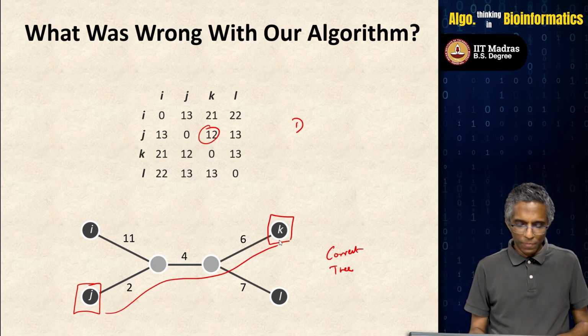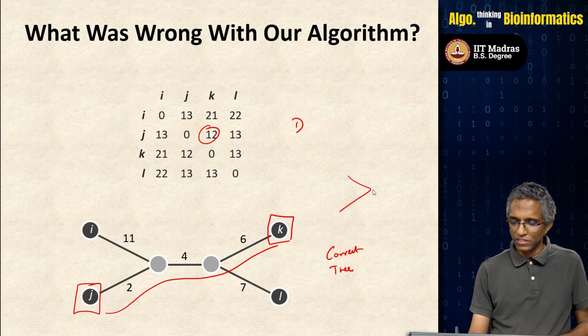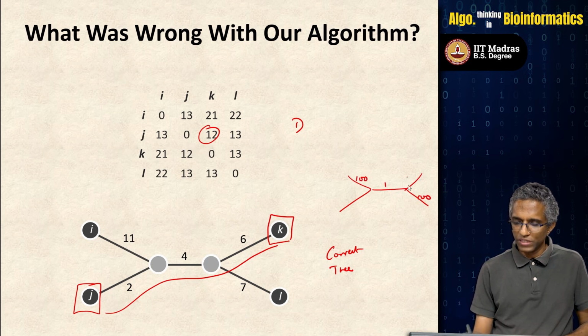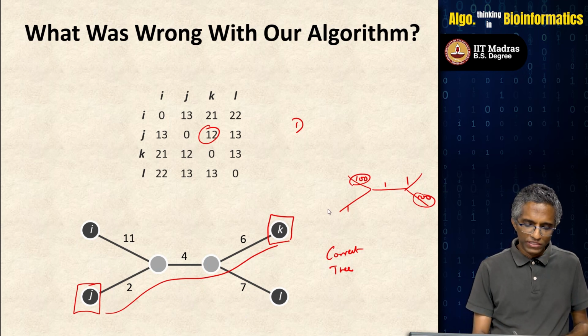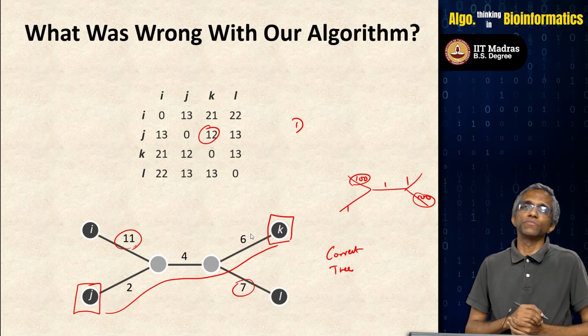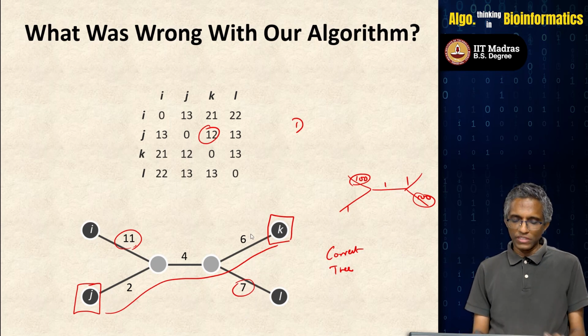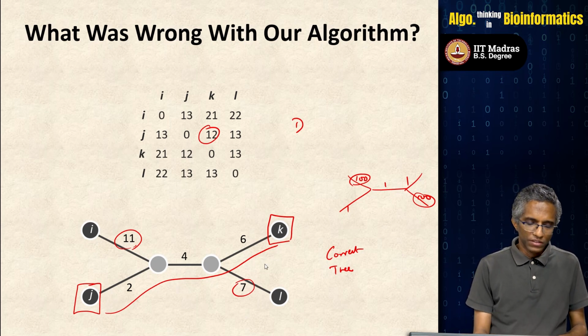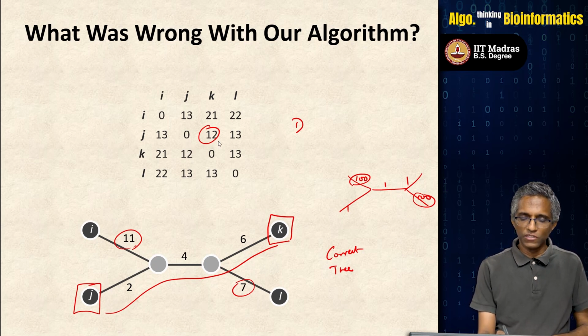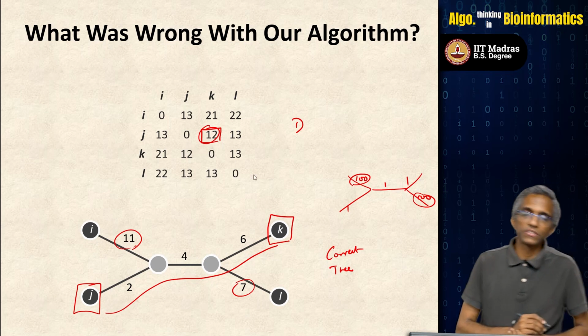Okay. Then again you have this concept, previously we had this other example where we had 100 here, 100 here, 1 1 1 here. So, these two edges were larger than the other 3 edges. Here also you can see that 11 is larger than the other edges and 7 is also larger than the weights of the other edges. Because of this configuration, the j and k in the tree are not cherries, but their distance will be the smallest among all pairwise distances.